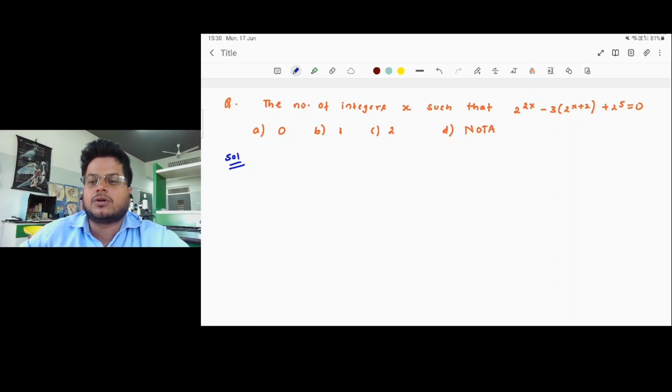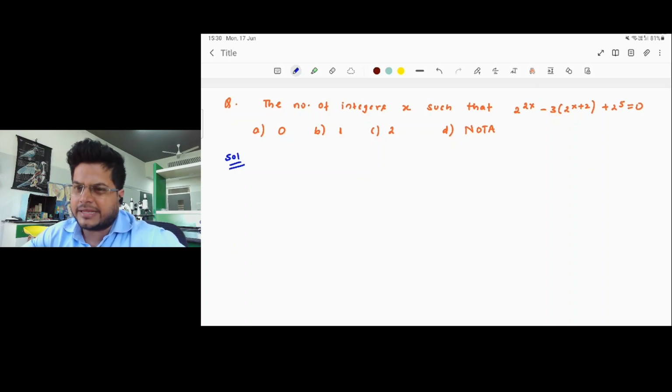Straightforward, it is not a quadratic because it doesn't fit into the form ax square plus bx plus c equals 0. So now the question comes, can we convert it into a quadratic? Looks like I can see 2 power x is there, then 2 power 2x is there, which I can write as 2 power x whole square, isn't it?